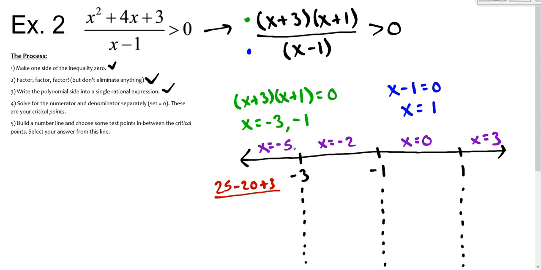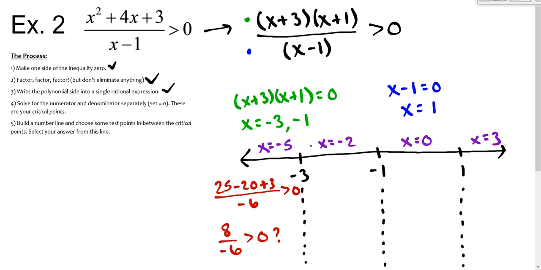All of that's over -5 minus 1, which is -6. Is that going to give me a positive number, something greater than 0? Well, 25 minus 20 is 5. 5 plus 3 is 8. Is 8 divided by -6 going to give me something greater than 0? Nah. So this part is not included in my solution.